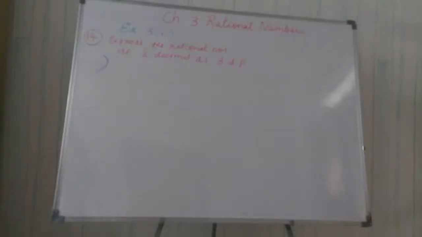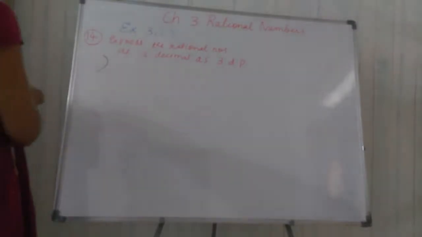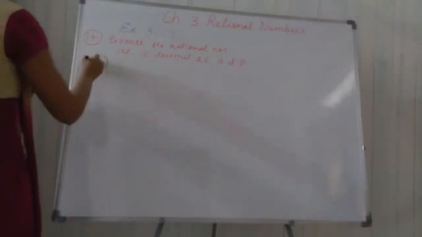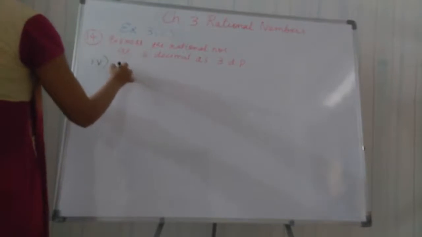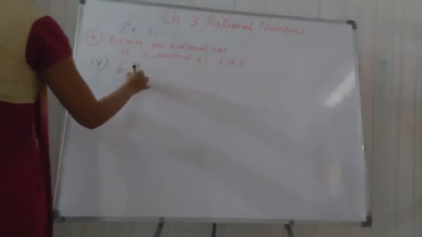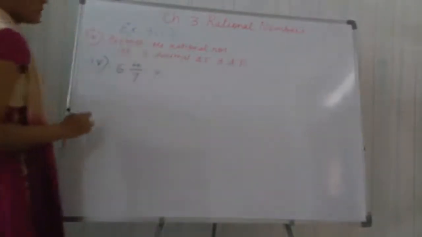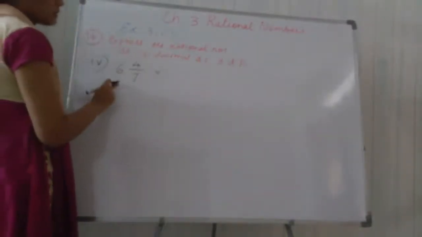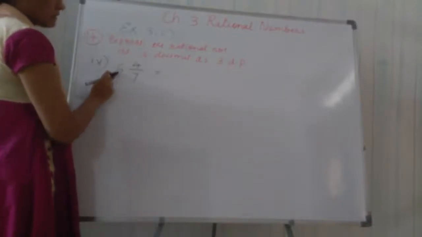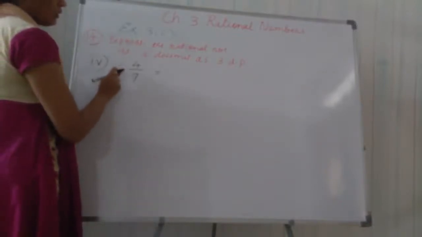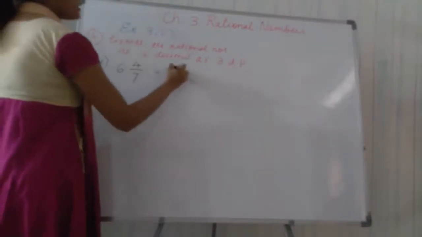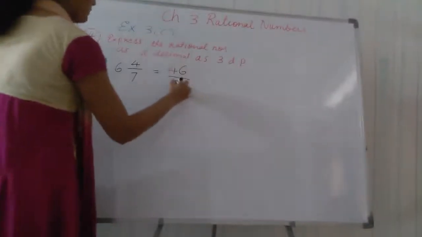Now taking question number 14, number 4. So here number 4 we are given as 6 integer 4 by 7. So now we show the decimal representation of this number. So first of all, I will change this mixed fraction to improper. 6 sevens are 42. 42 plus 4 is 46 upon 7.